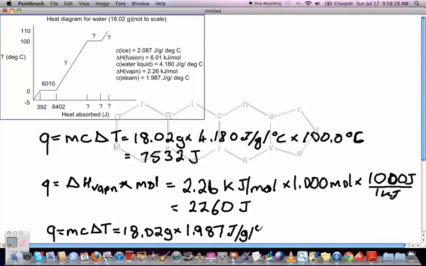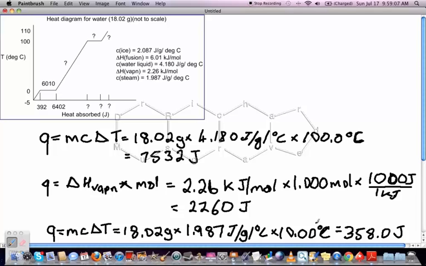Notice how I'm always using my units so that I'm making sure that everything ends up with what I should get. And you see in every instance everything's cancelled to give me what I wanted. And the change in temperature here, we're going from 100 to 110, so we're looking at 10.00 degrees Celsius. And all of that is going to come out to be 358.0 joules.